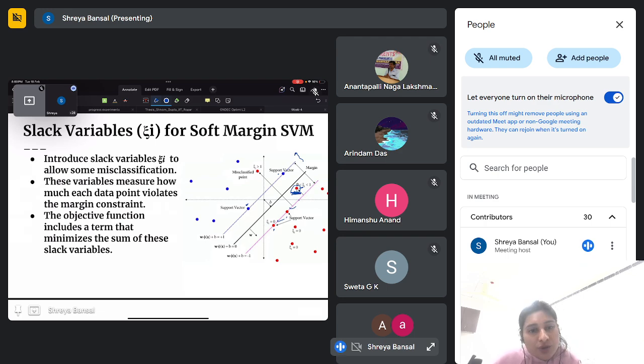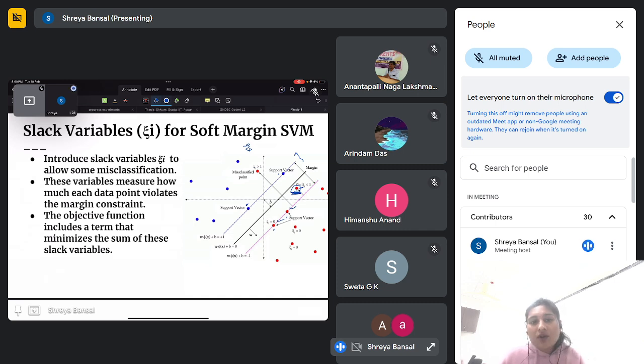So I introduce a new variable xi. These are called xi's, which help you identify which are the noisy points, the misclassified points. So here we are using some variables in the objective function to reduce them.